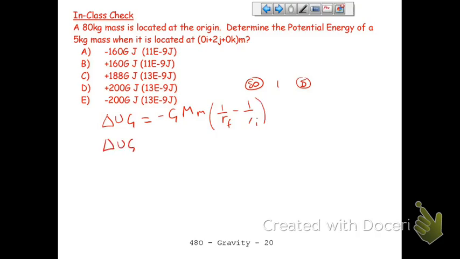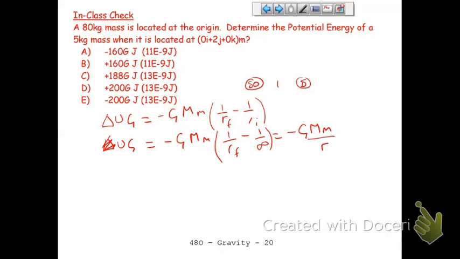So UG is equal to minus G, big M, little m, 1 over r final minus 1 over infinity, which equals minus G M m over r.